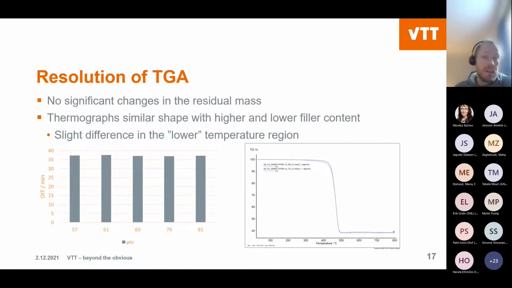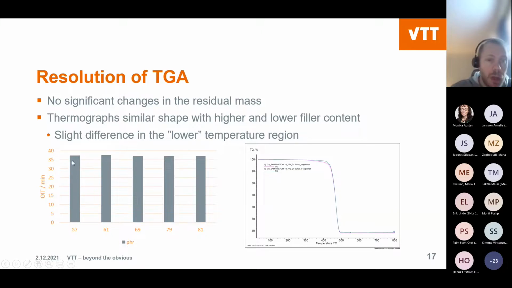Then regarding the TGA results, these were interesting as well. We actually didn't see any differences in the filler content between the materials. And here again we should have a residual mass, but for some reason the y-axis is different.